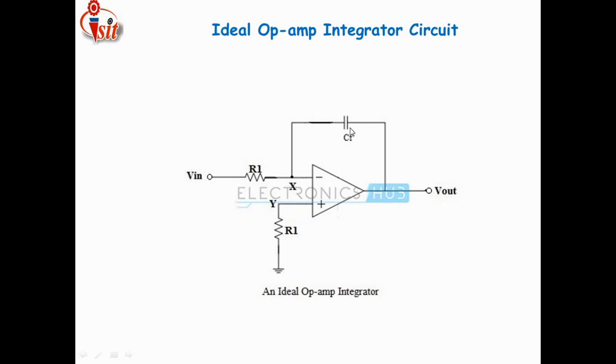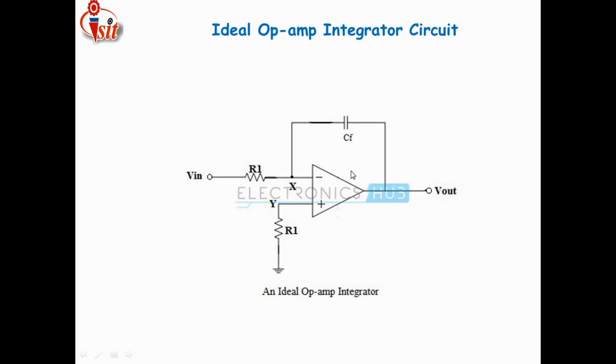CF is a feedback capacitor connected between the output and the inverting terminal of the op-amp, and that capacitor decides that the circuit is an integrator. In every type of circuit, for feedback we connect a resistor, but for integration purposes here we connect a capacitor, that is, a feedback capacitor.